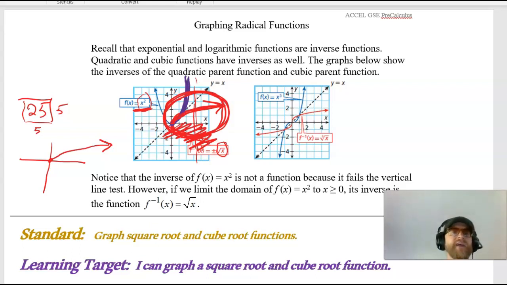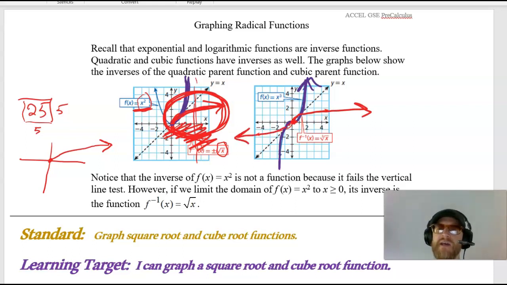Similarly, if you have the cubic function, the original x to the third power function, I'm sketching in blue. That's your cubic function. And if you invert that, if you swap all the x's and the y's, you get a function that, instead of growing quickly, is growing very slowly, but it goes left and right forever.